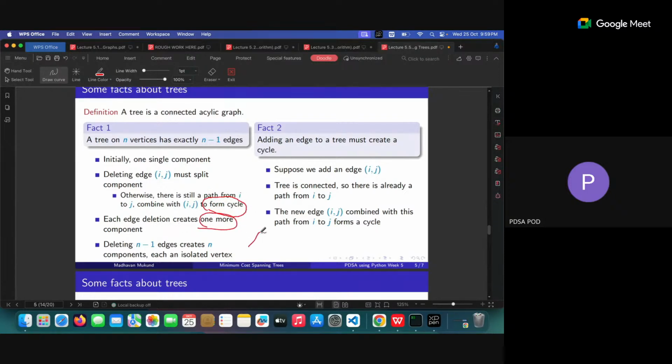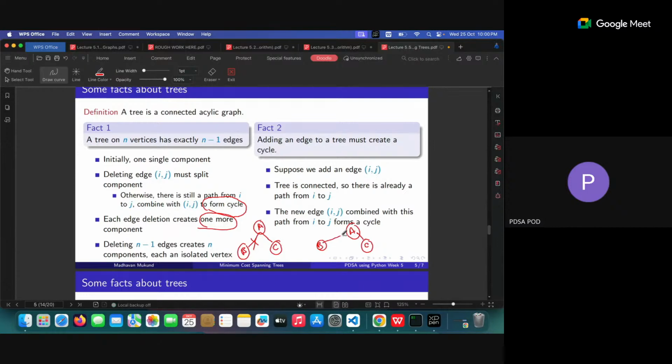Like A to B and B to C is there. The cycle is not there. If you remove one edge, like this edge is removed, then what happened? B has one tree, A and C has another tree. So 2 different components. So deleting n minus 1 edges means definitely n components.